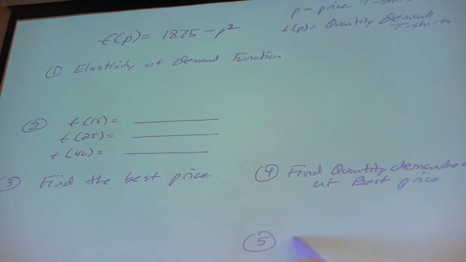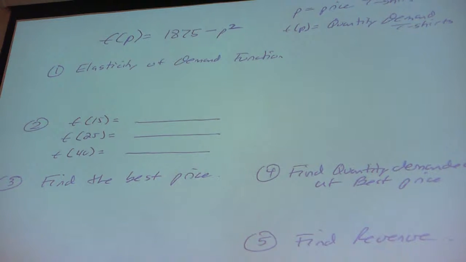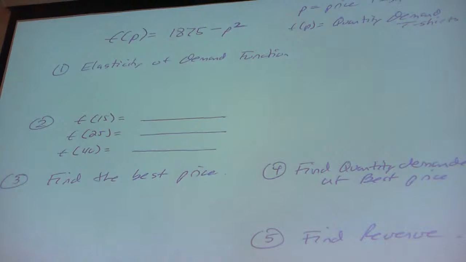And 5, find the revenue. That is everything that we can do with elasticity. Okay, I'll walk around if you need help, but I'll give you some good time. And then we are done with chapter 3.